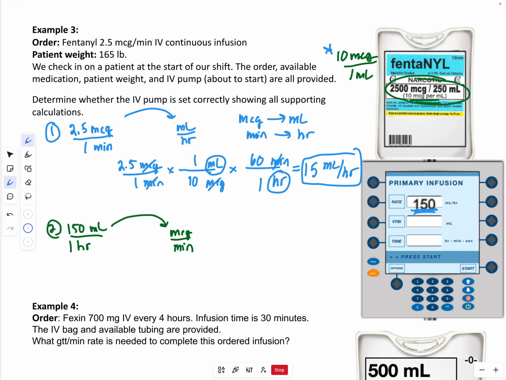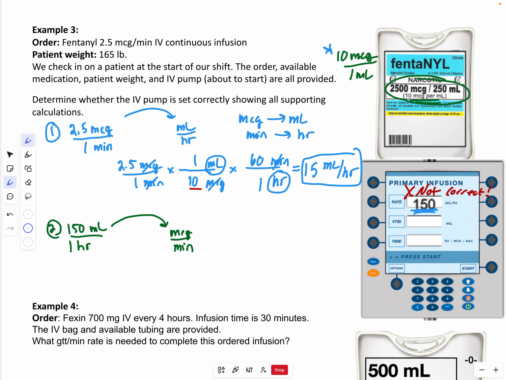So this is not correct. It looks like whoever set this or whoever calculated this was off by a power of 10, a factor of 10, which can happen. They may have forgotten to divide.